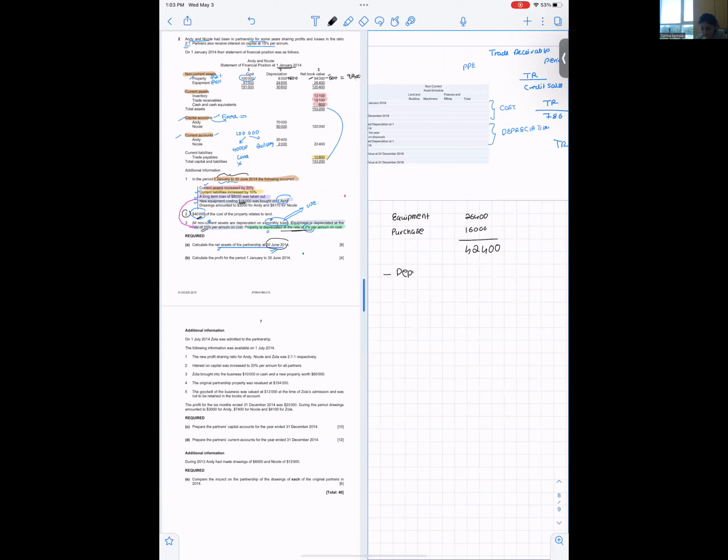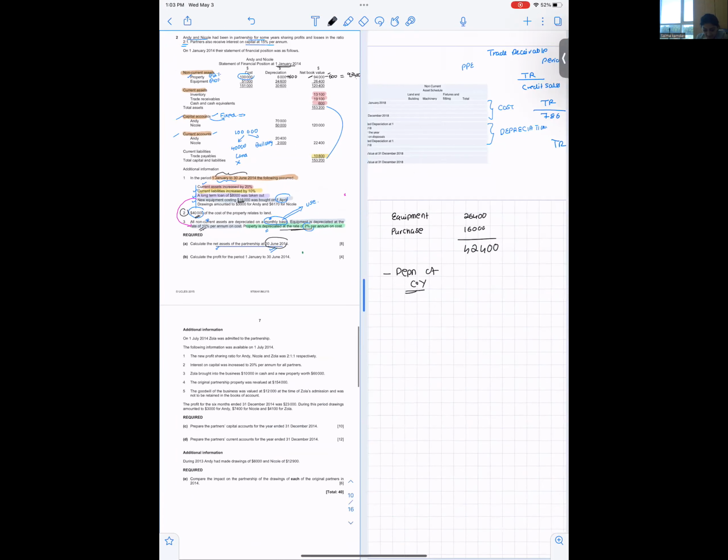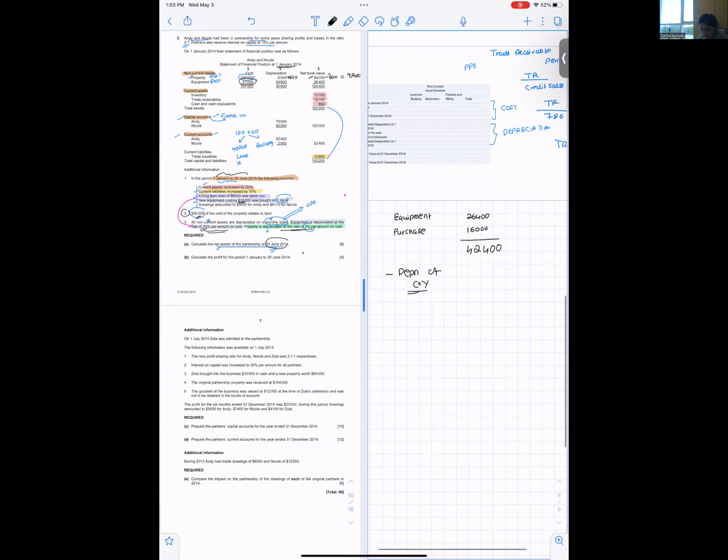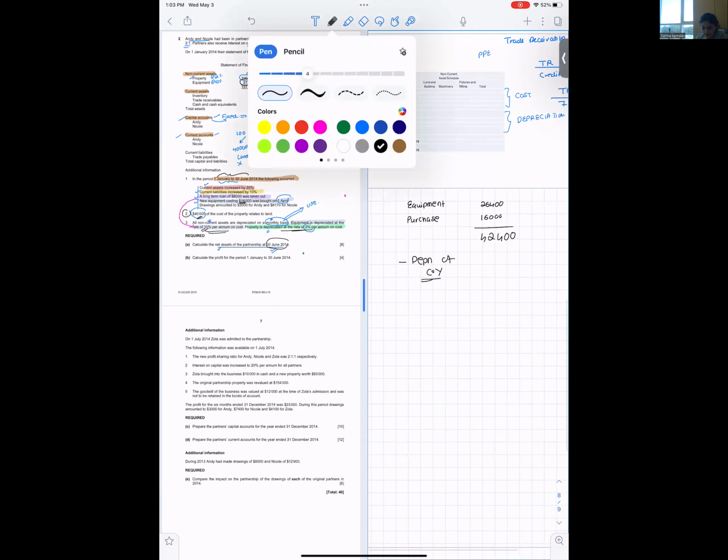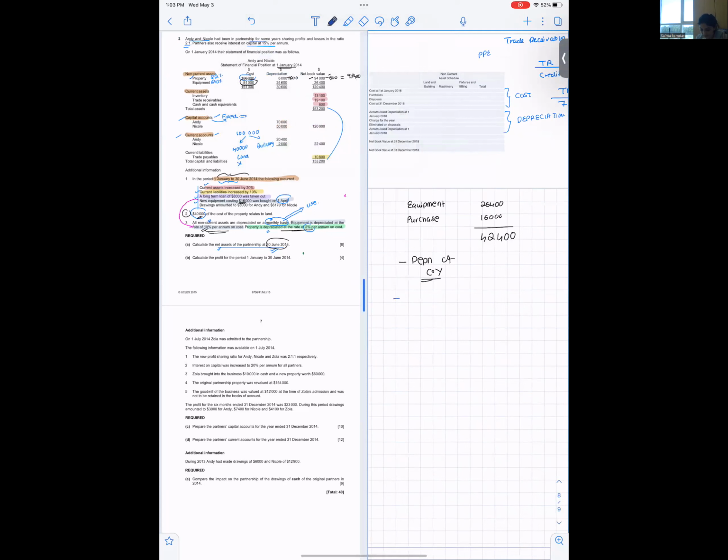Minus I'm going to do depreciation of current year. It is depreciated at 10% per annum on cost. So the cost of 51,000 is the cost of my old asset, and 16,000 is the cost of the new equipment that I have purchased.